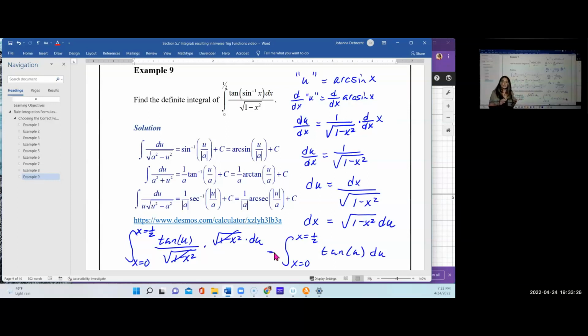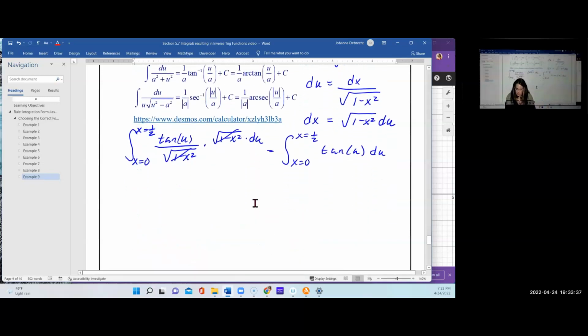We need to go back to see what our u was so that we can substitute. Our relating equation is that u is the arcsine of x. Let's write that down below so we can remember it. u is equal to arcsine of x. When x is equal to 0, u is equal to the arcsine of 0.